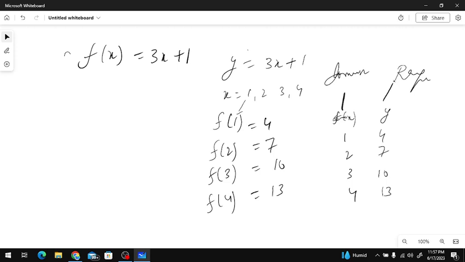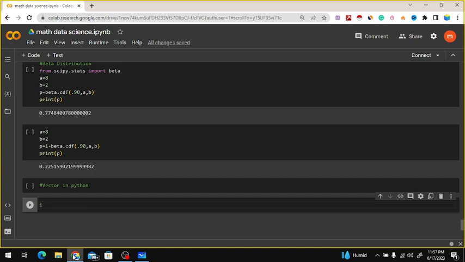So how do we plot this? Let's go and try to plot it here. First we need to import numpy and matplotlib.